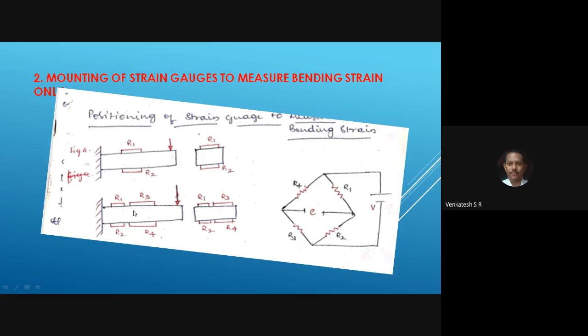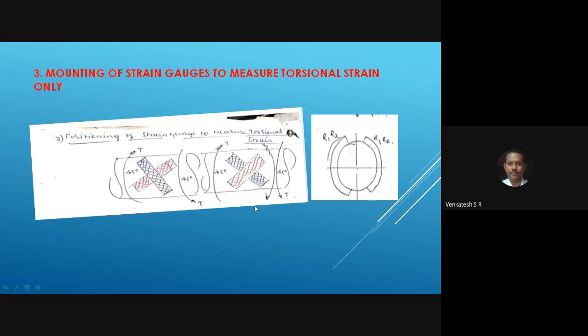See, all of you observe here, fix the strain gauges R1, R3 and opposite to these two, R2 and R4, you can fix both the gauges like this and apply the load on the beam. Then measure the excited voltage.